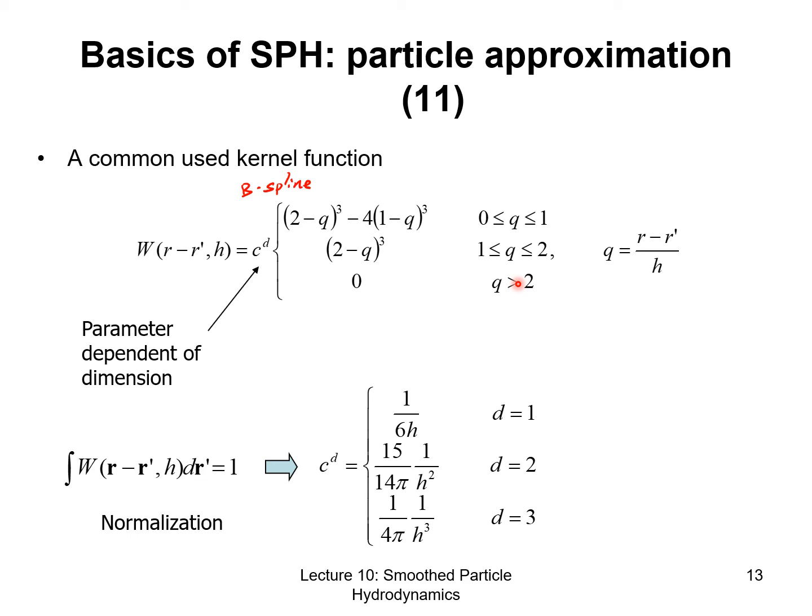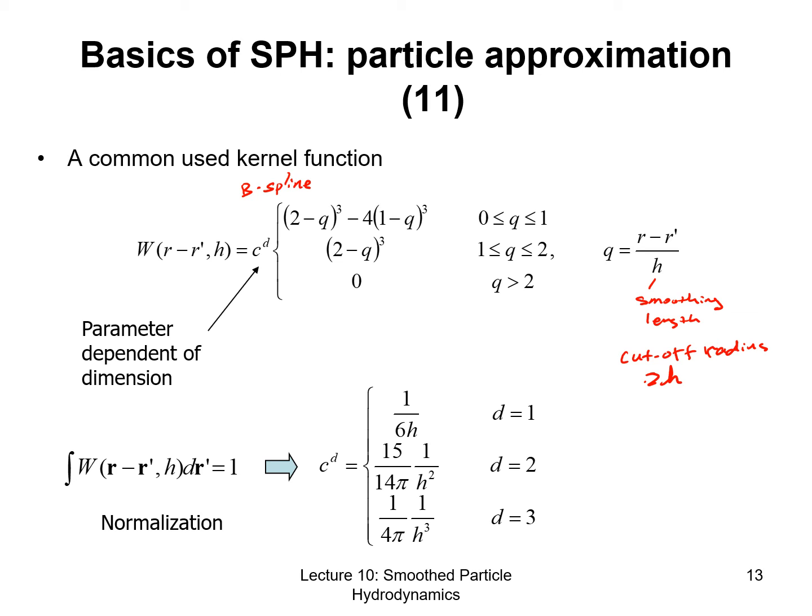That means we have a cutoff of 2. Here we define the cutoff in relation to the so-called smoothing length h, and the cutoff radius will be equal to 2 times h.